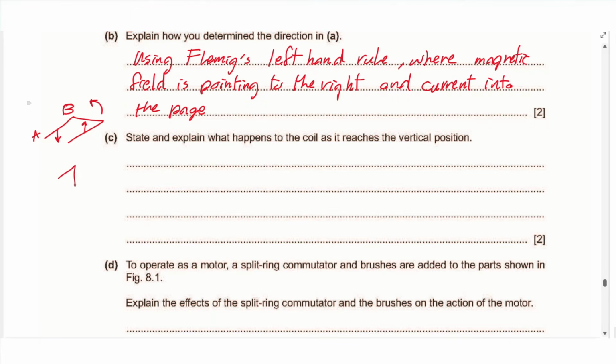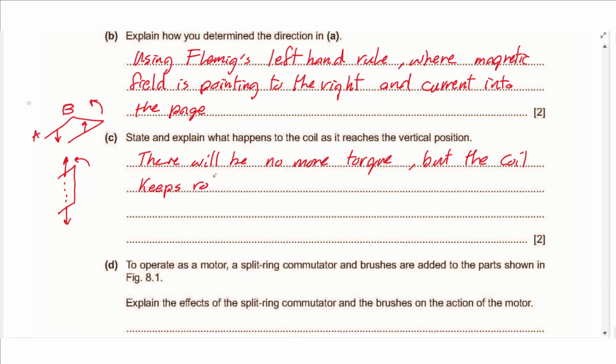Eventually the coil will be in this position, and wire AB went down, the other wire went up. At this point the forces are on the same line, so there will be no more moment, but it keeps rotating due to its inertia. So we will say there will be no more moment or torque, but the coil keeps rotating due to inertia or momentum.